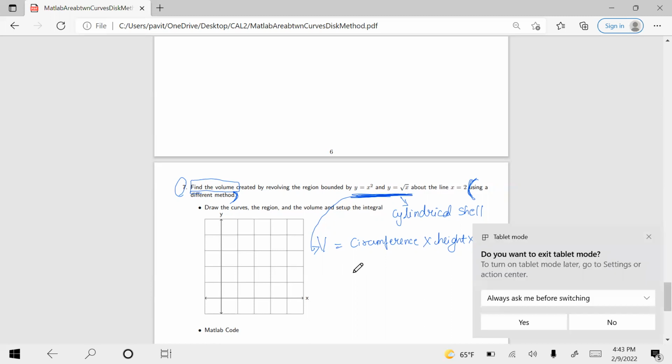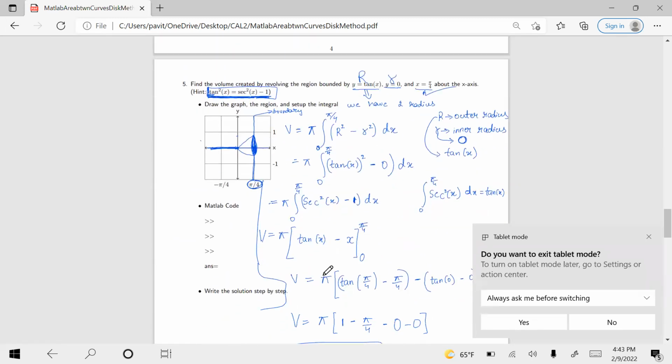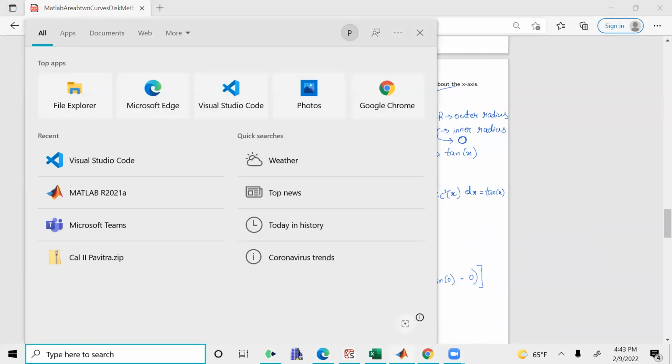Now I am done with the hand calculations here. So let me go and do this in MATLAB.